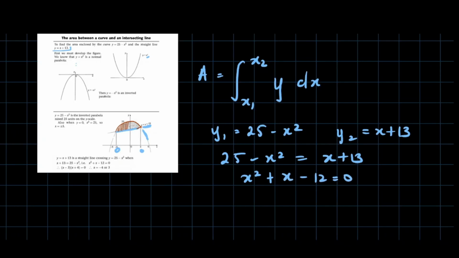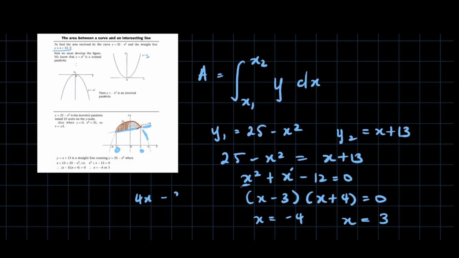I'll factor it: (x minus 3)(x + 4) equals 0, which means x equals minus 4 and x equals 3. We found two values that multiply to give minus 12 and add to give 1, so that's 4x minus 3x.